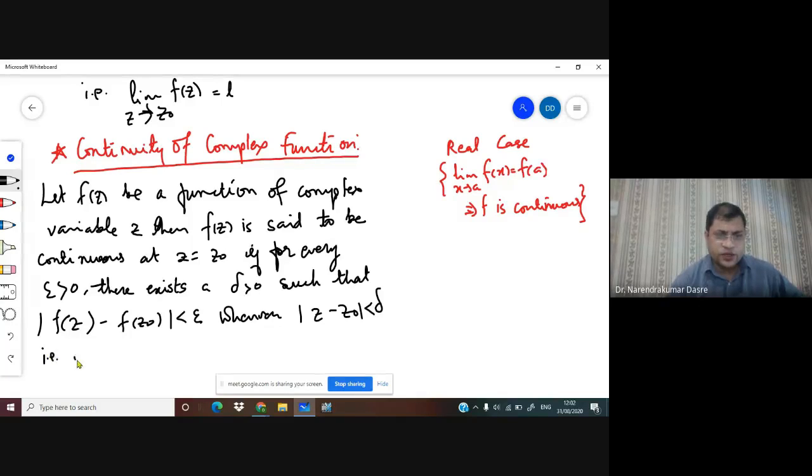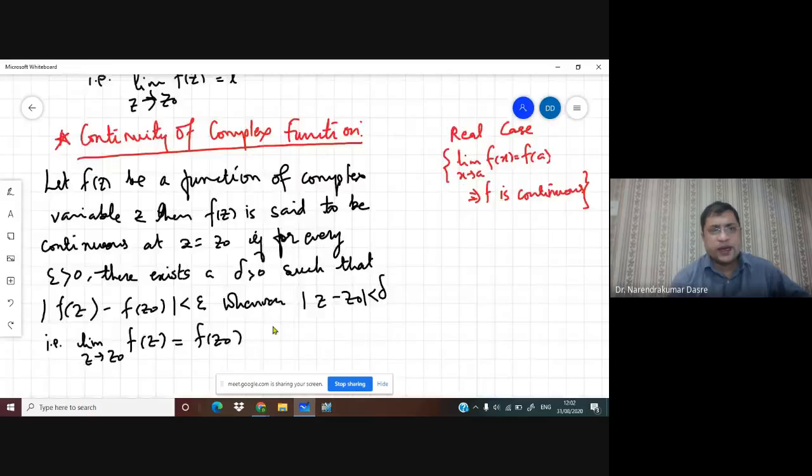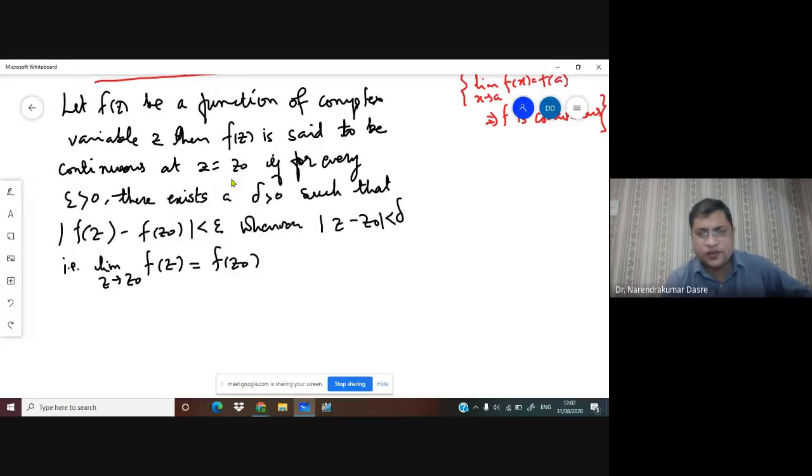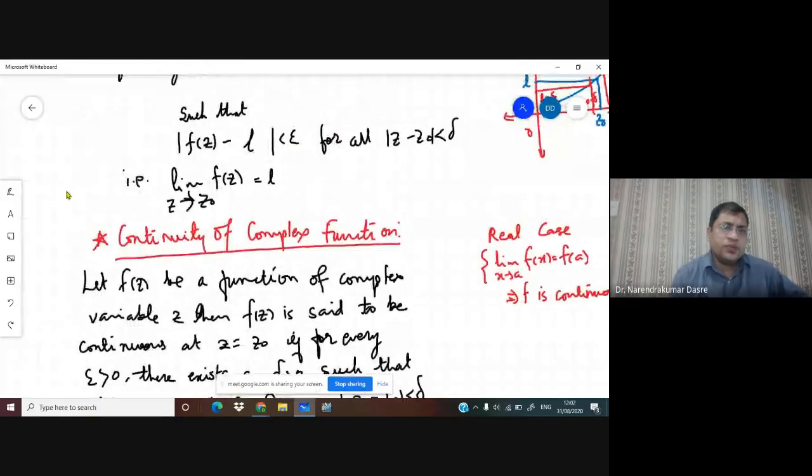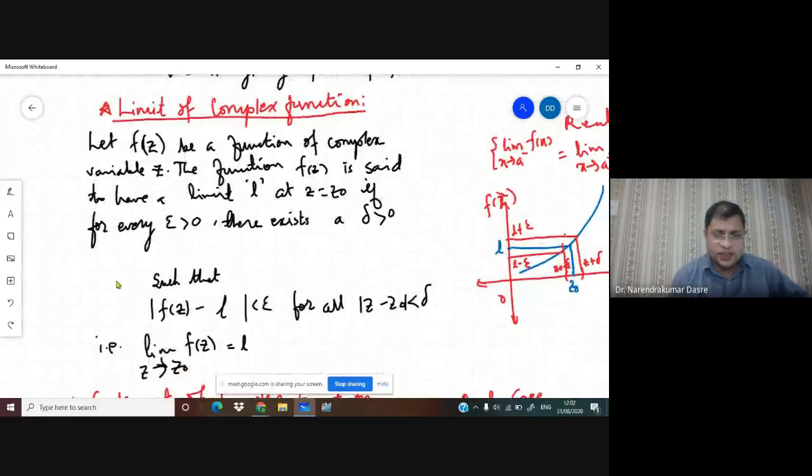And that is what we say: limit z tends to z0. As z is tending to z0, this is going to be very small, then this limit value will tend to f of z0. So if this is satisfied, then we say the function is continuous.